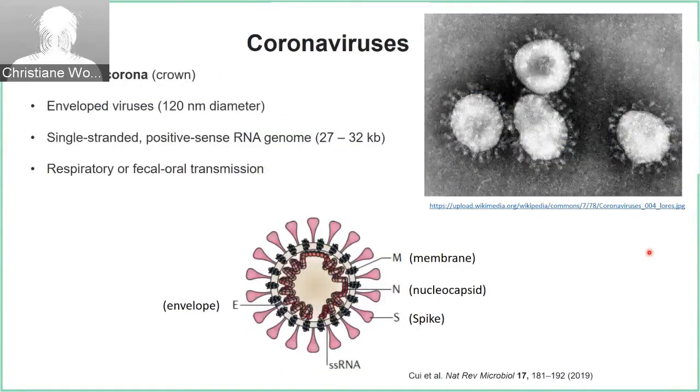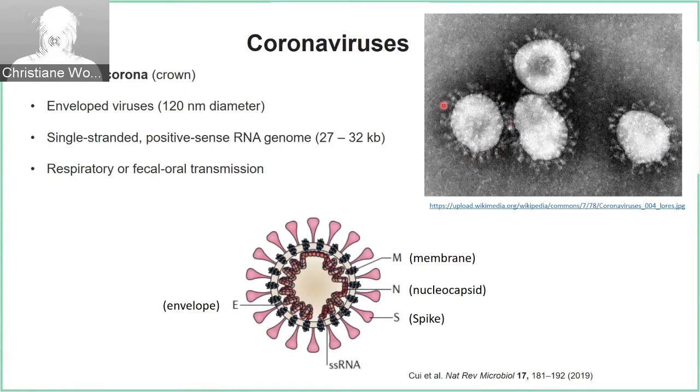And so coronaviruses get their name from their appearance on electron micrographs. If you look in the top right corner here, you can see an electron micrograph of these virus particles, and surrounding these particles is the corona, or the crown.